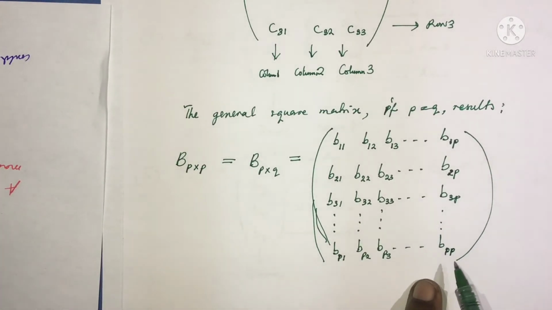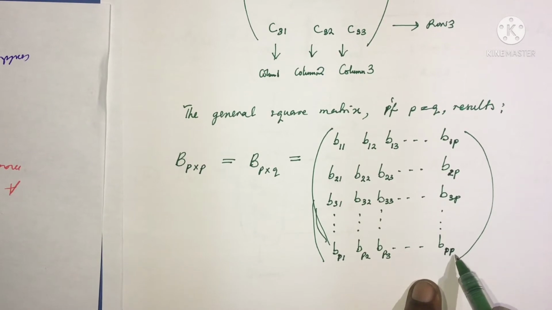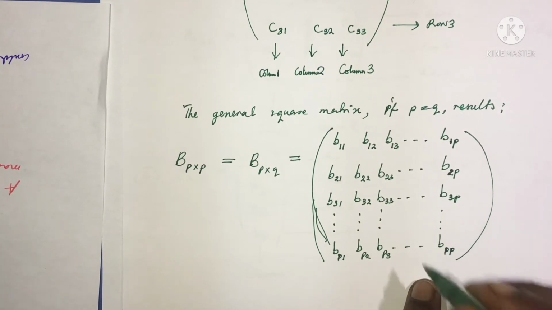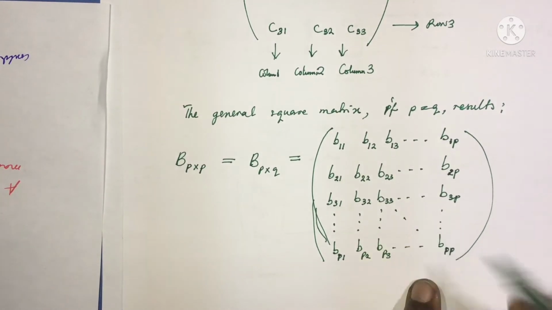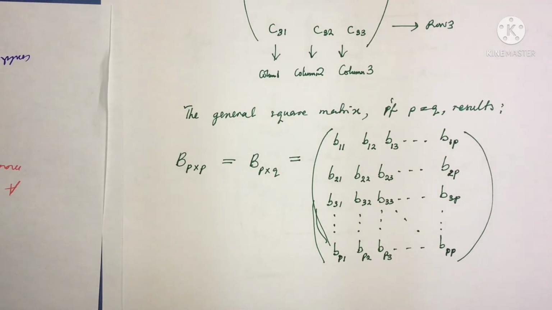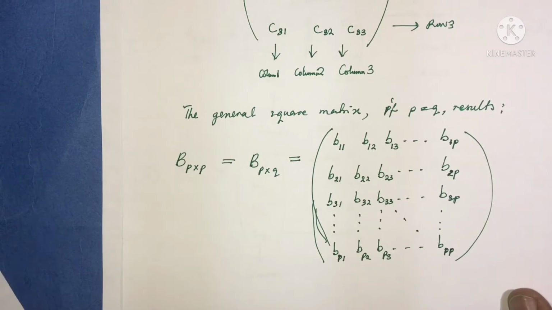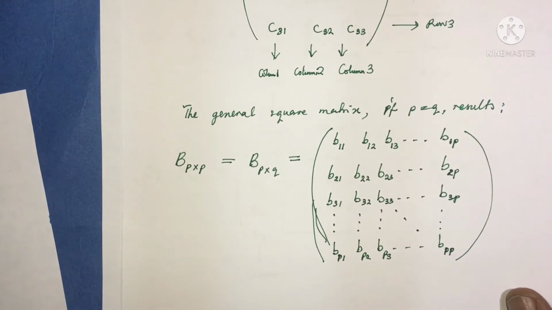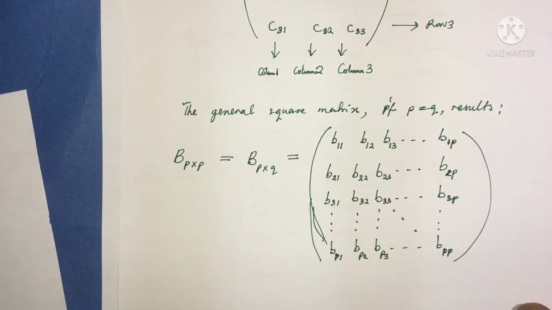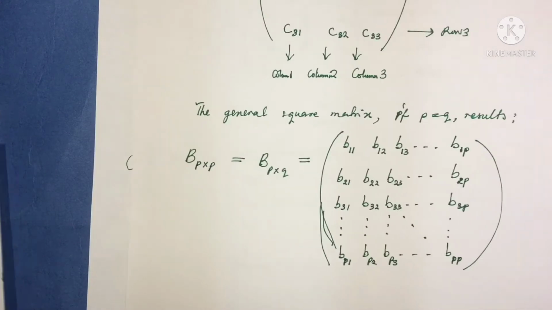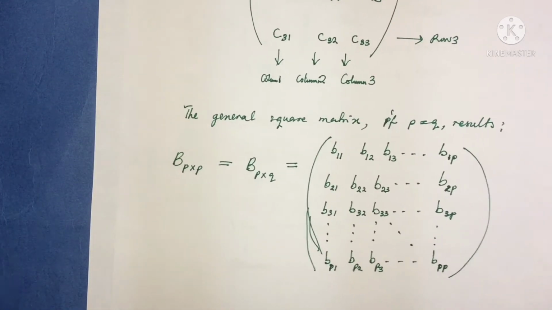Whenever you see that this is a square matrix because it has an equal number of rows and columns, in the general form, you can now put this. So that will be our representation of what is called the general square matrix. It is a matrix that has an equal number of rows and columns.